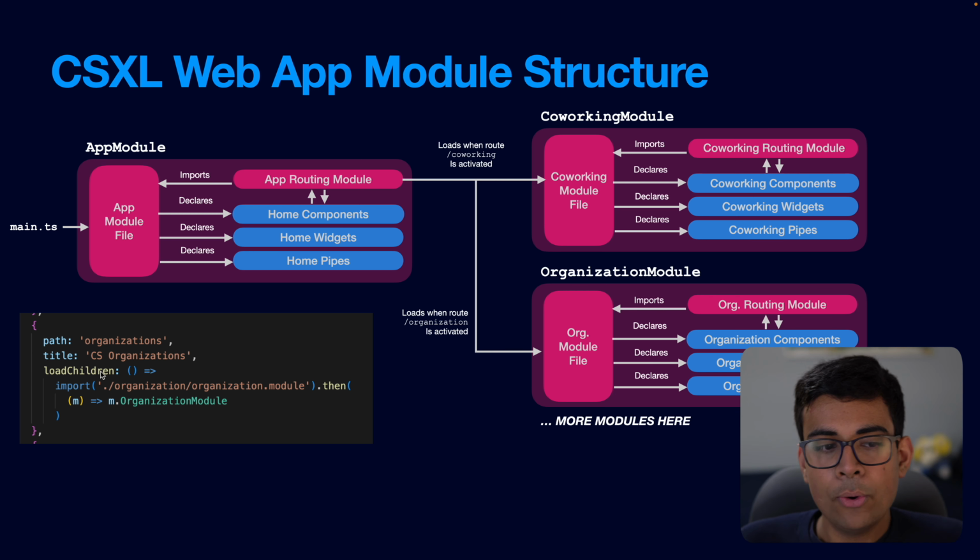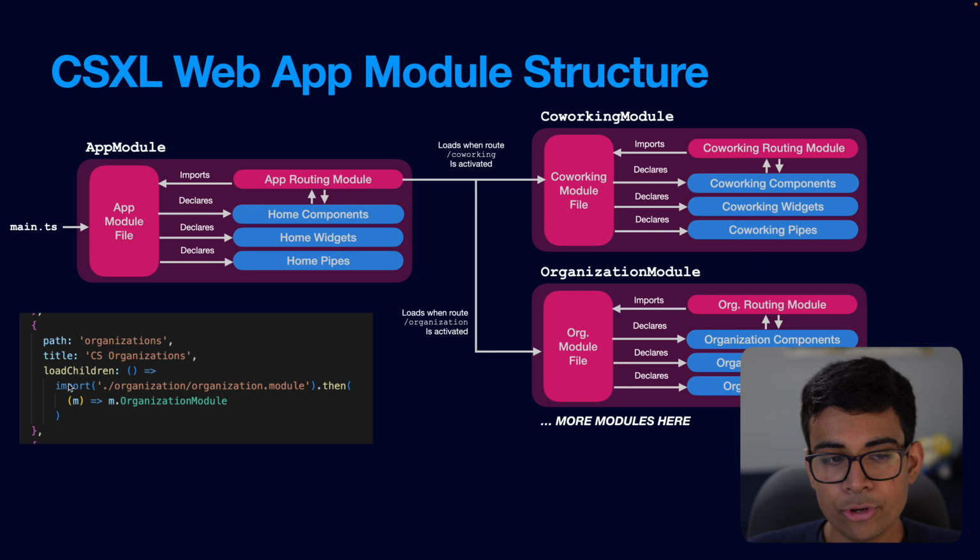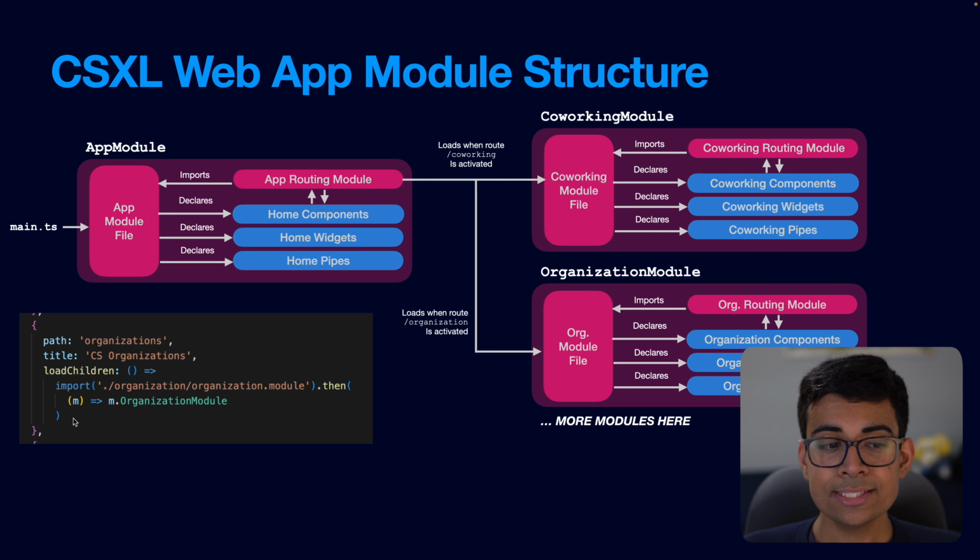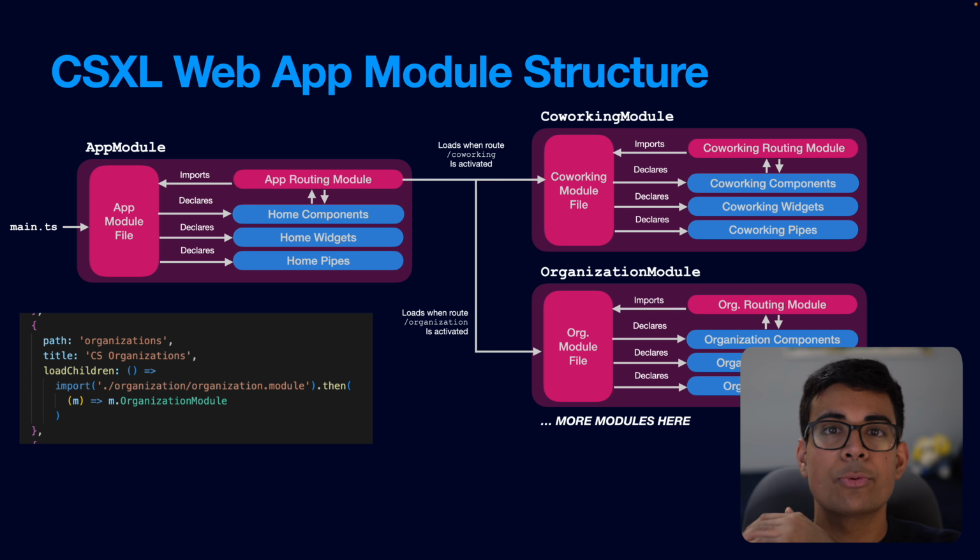Instead of passing in a component, we pass in this loadChildren function. And you notice that we say import, and then we import our organization module, so this entire thing, and then we have this then m to m.organization module. Basically what this does is it loads our organization module and everything in it when we go to the /organization route.